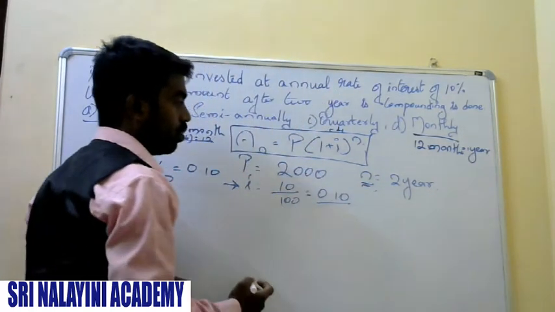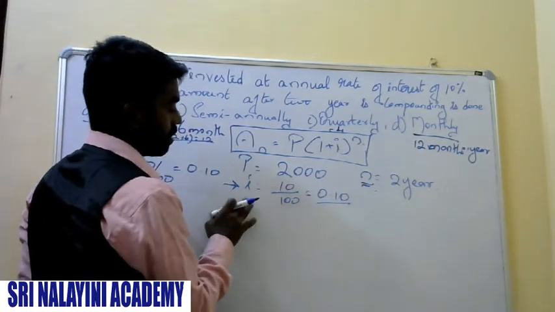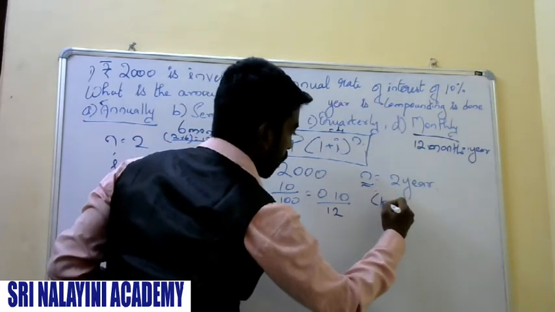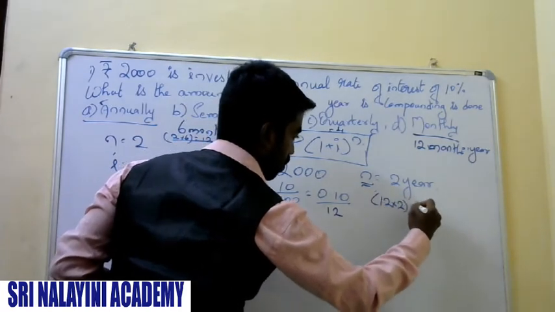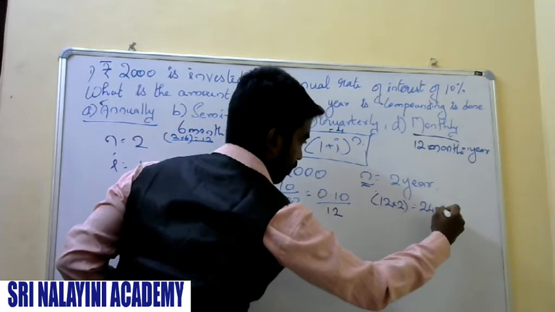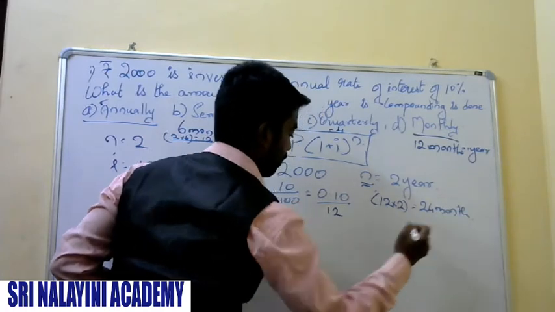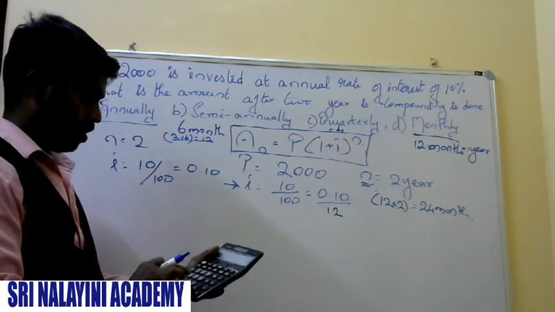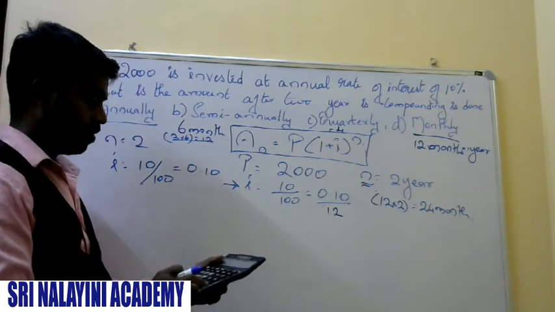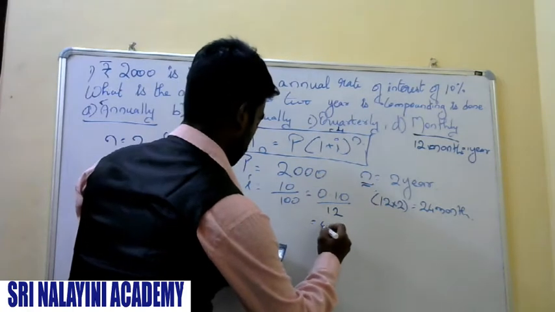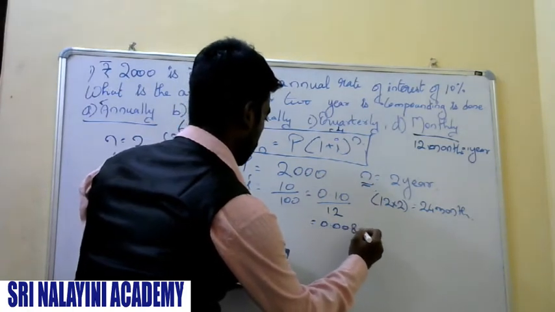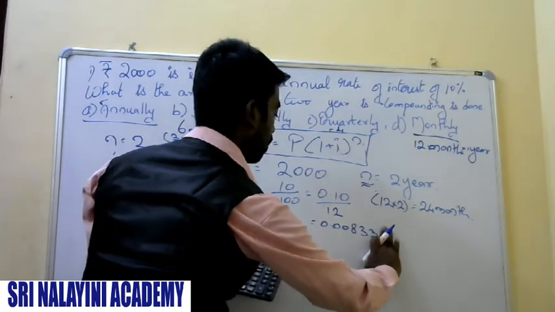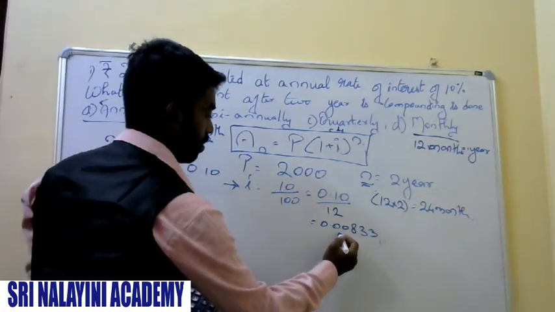So what we are going to do is change the interest: 0.10 divided by 12, and 12 into 2, 24 months on the conversion method. 0.10 divided by 12, we will get 0.00833. It goes on, so we are going to stop at 833, four digits.